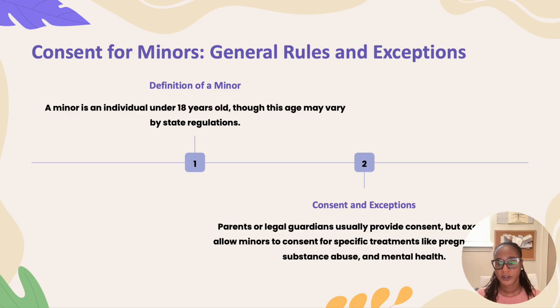These laws vary by state, so we always follow local regulations and facility policy. Even if a minor can consent to care, for example STD testing, parental notification may still be required depending on state law or aftercare decisions.